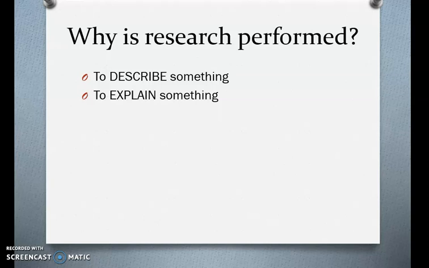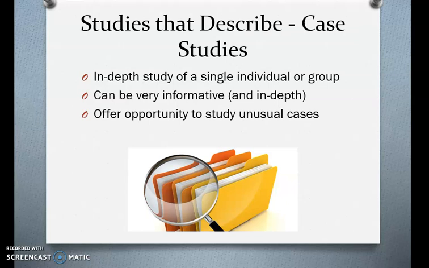And so when you're answering these types of questions, these two different reasons for doing research, those two types of things are going to require different procedures. So in order to describe something, you have to do certain things. To explain something, you have to do a little bit different type of thing. So let's talk about a few different types of studies that are just describing.